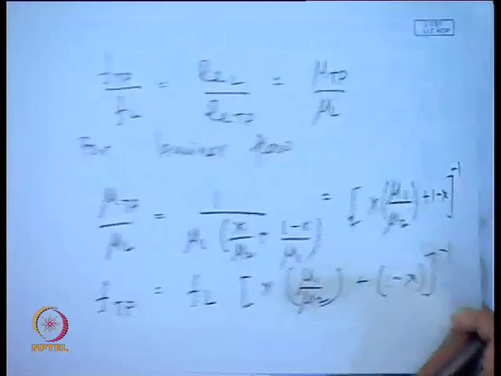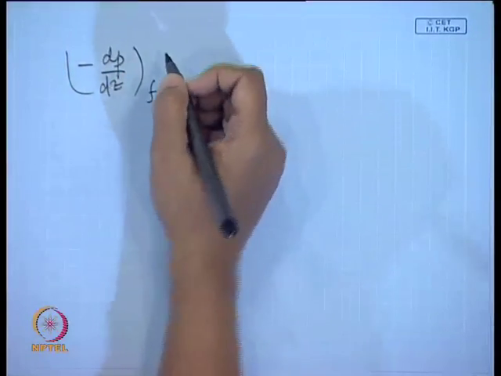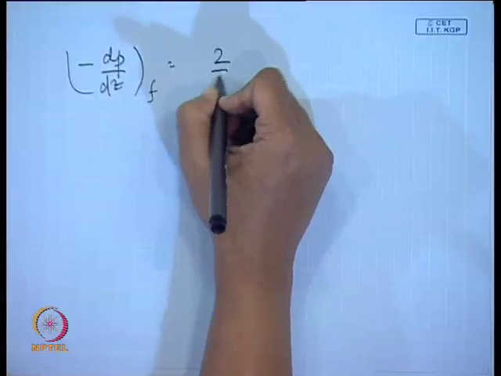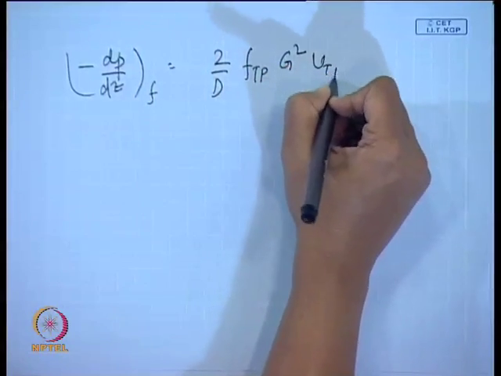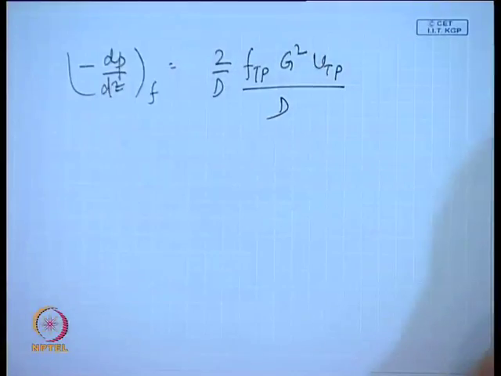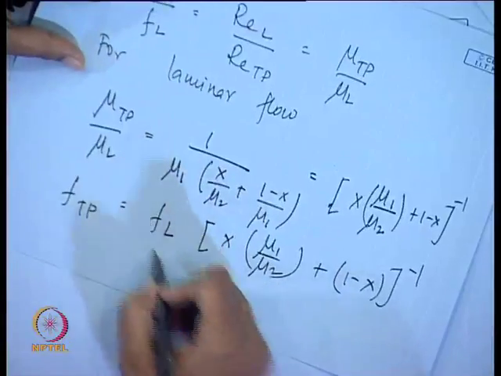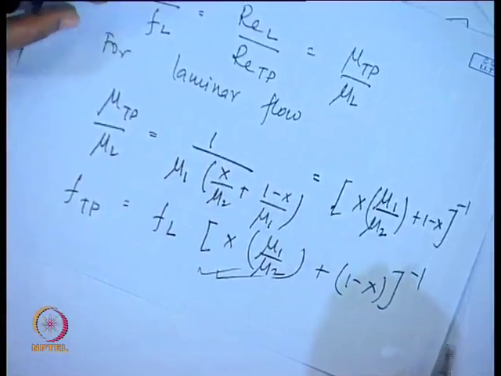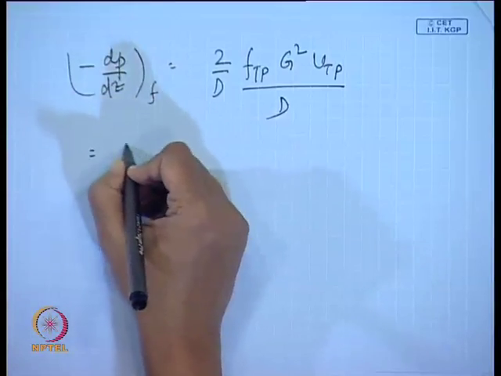Accordingly, we can write the frictional pressure gradient in this form, again the same thing, 2 by d FTP G square VTP by d. Instead of FTP, we can substitute this equation. So if you write it in this form, what do we get?